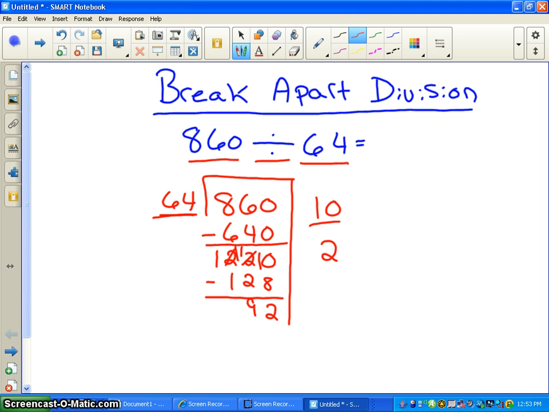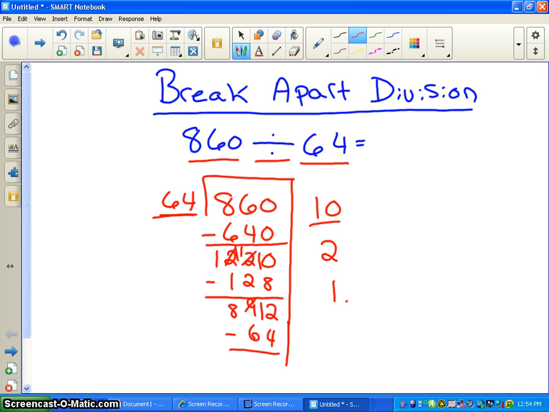Can I do a 2 again? No, I can't. So I know that the only number that I can do is 1. 1 times 64 is 64. And when I subtract, I know that 2 minus 4, I can't do it, so I need to borrow.